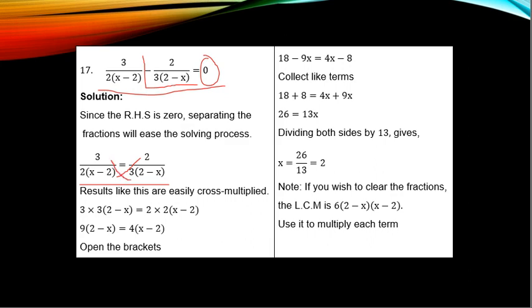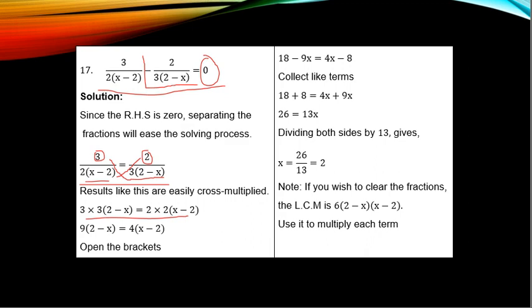You can see my drawing is there. If you cross multiply, you have this 3 multiply this denominator, and 2 multiply this denominator, and that is what you have here. You can see that you've cleared the fractions already by cross multiplying. So that is one easy way of doing that.